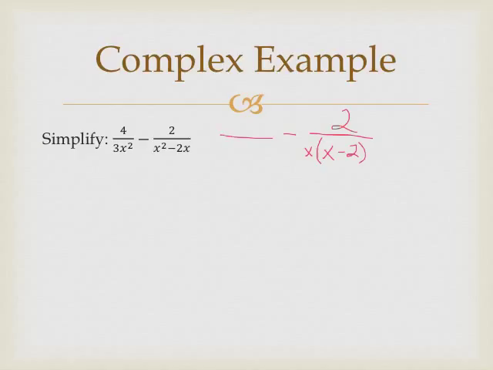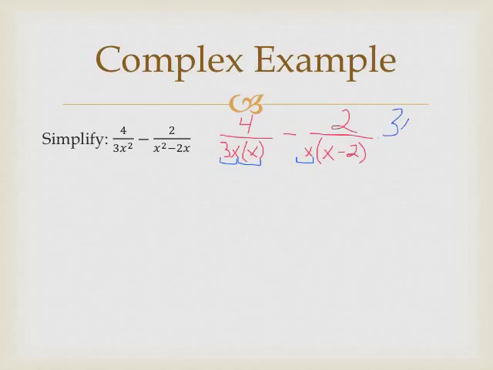And our first fraction here was 4 over 3x squared. But look at this. This is 3x squared. I'm going to rewrite it as 3x times x. And the reason why I'm rewriting it like that is so that these two terms are the same. They both have an x, which means we're missing a couple of things. It means in this first term we have a 3x that we don't have here on the right.